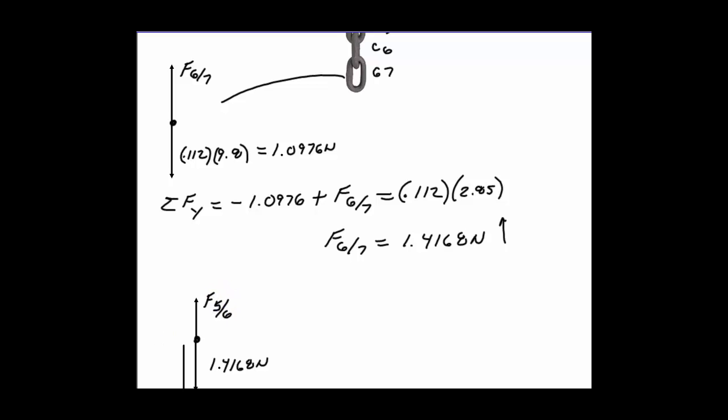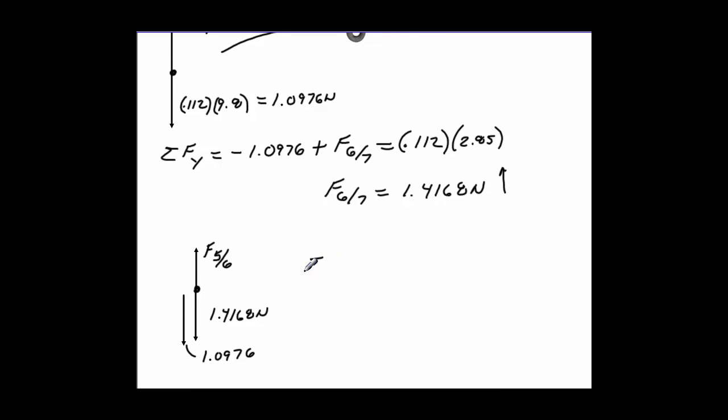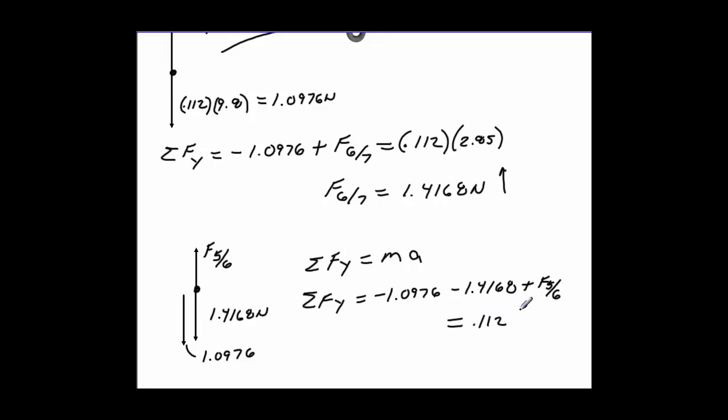Again, do the same thing: summation of forces in y is equal to mass times acceleration. We get minus 1.0976 minus 1.4168 plus the F of 5/6, and all we have to do is set that equal to 0.112 times the acceleration of 2.85.